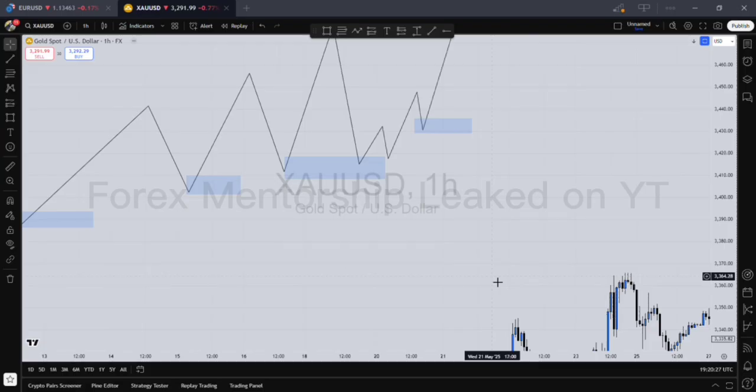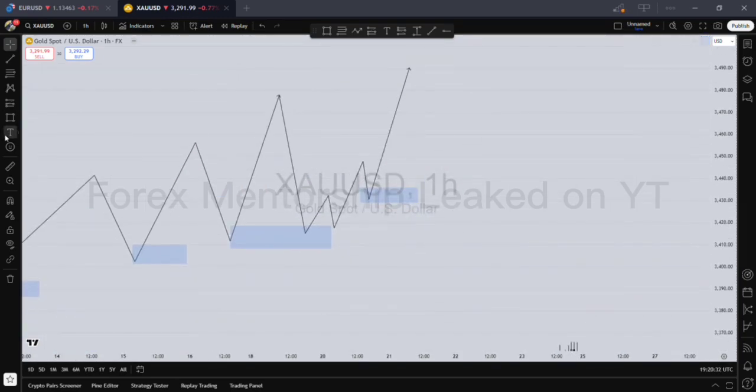They are where people have a lot of orders, where traders have a lot of orders, of entries, of buy entries, of sell entries. So market will always be attracted to where there are chunks of orders, and order block is one of those.